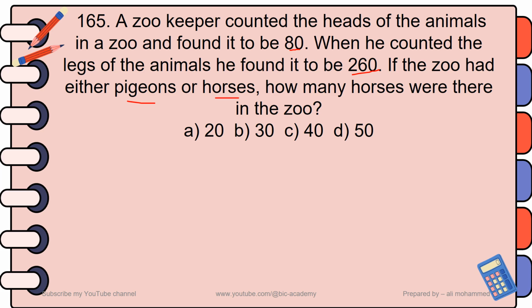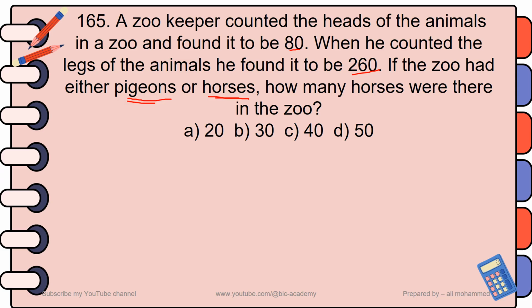There are two kinds of animals in a zoo. There are pigeons and horses. The zookeeper counted the heads of the animals, and the heads of the pigeons and the horses total 80. And again, he counted the legs of the animals. The legs of the pigeons and the horses altogether is 260.